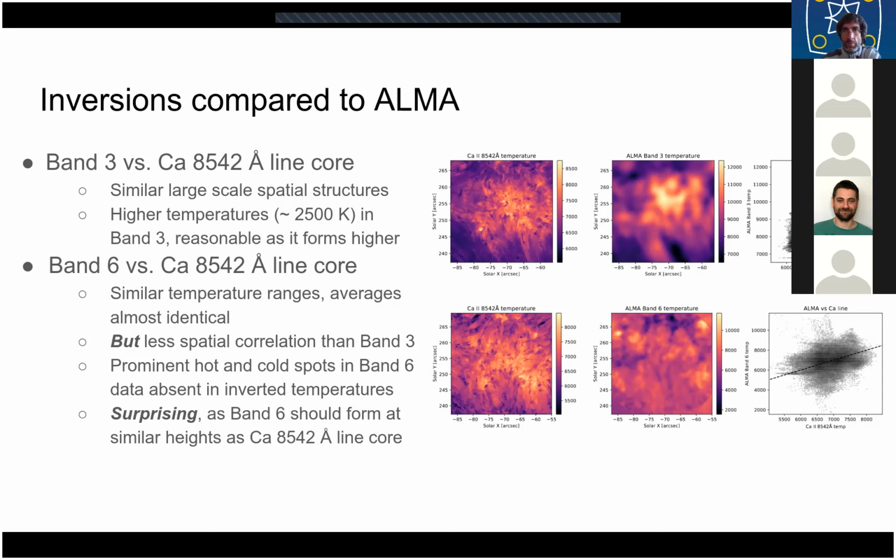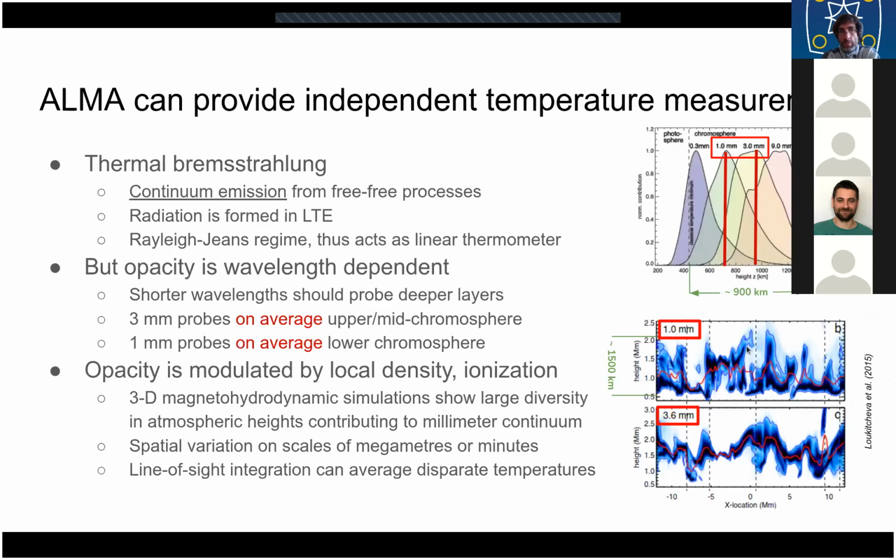So again, just because band 6 especially seems to form over such a wide range of heights, it's not at all straightforward to interpret these observations. So yeah, it's complicated, and it can be frustrating too. Yeah, I can imagine. Modeling the solar atmosphere is never easy.